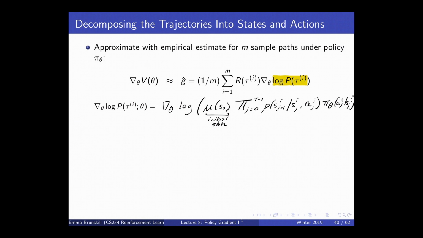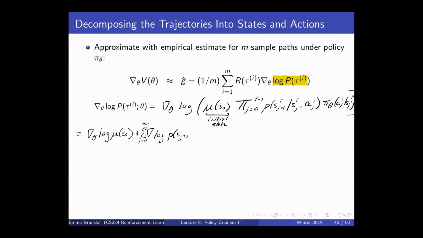So there's like another bracket at the end. And so since this is log, we can just decompose this. So this is going to be equal to delta theta of log of mu of S naught plus delta theta, sum over, because it's a log term, j equals 0 to t minus 1 of log of the transition model.